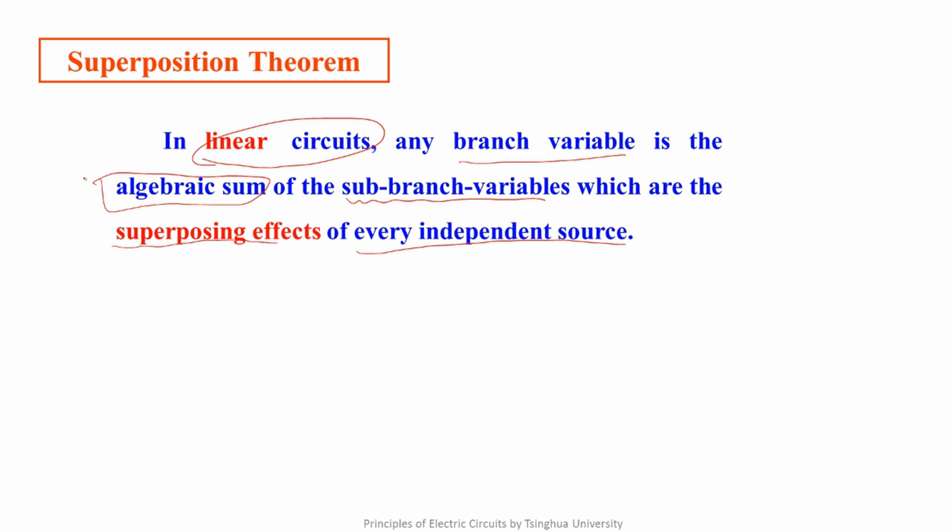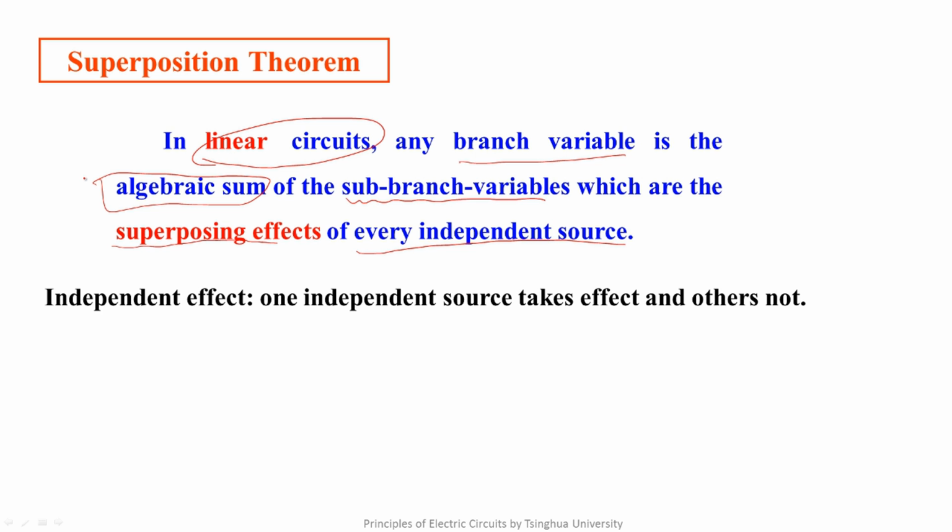Although the description is complicated, you've known how to apply it by the example above. The superposing effect or independent effect means one independent source takes effect and others not.